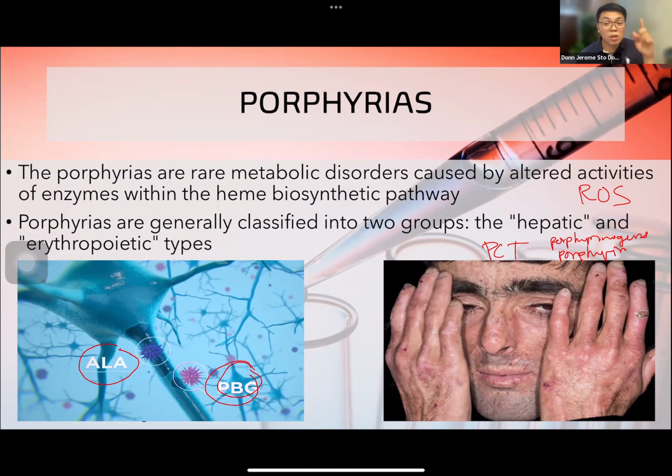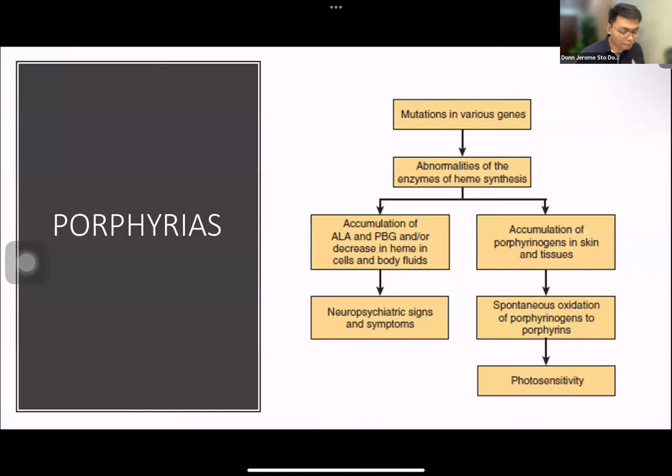Let's proceed. Now that you know the different effects of the different intermediates, let's now proceed to the different types of porphyria. So this is the answer to your question a while ago. Intermediates of the heme synthetic pathway are said to be toxic. Let's review again. Porphyrias are due to mutations in various genes for the heme synthetic pathway.